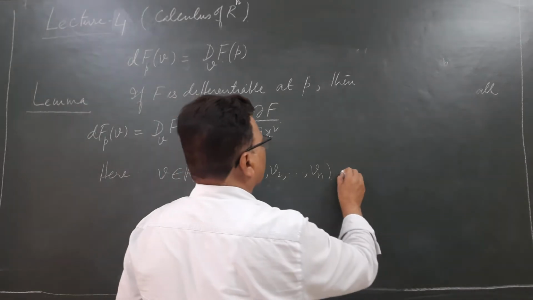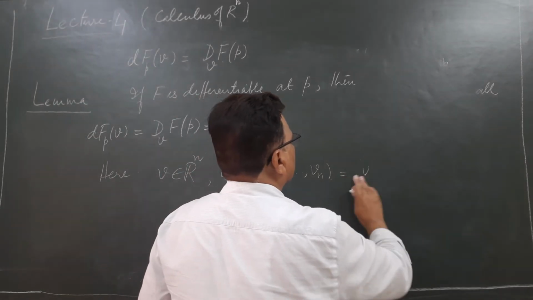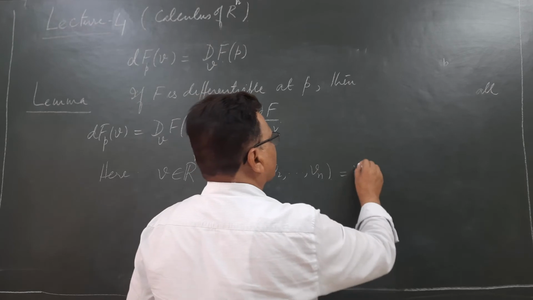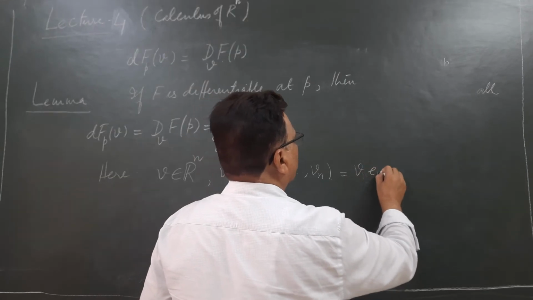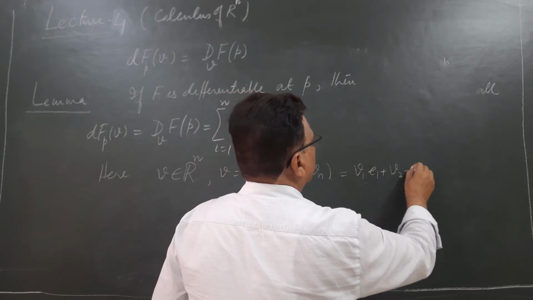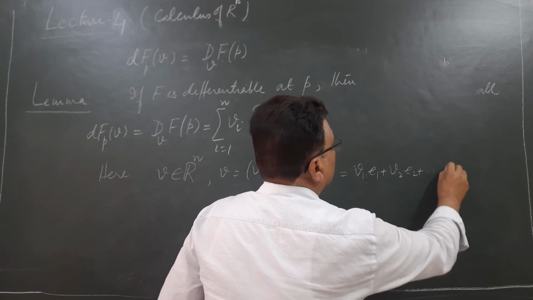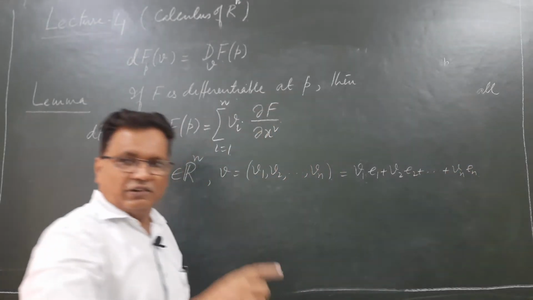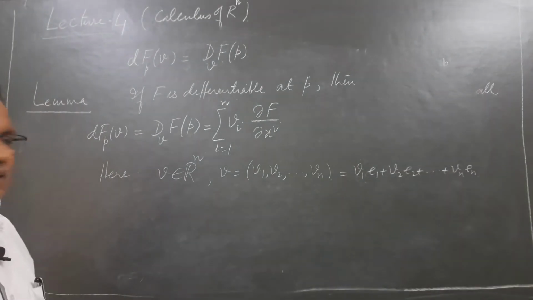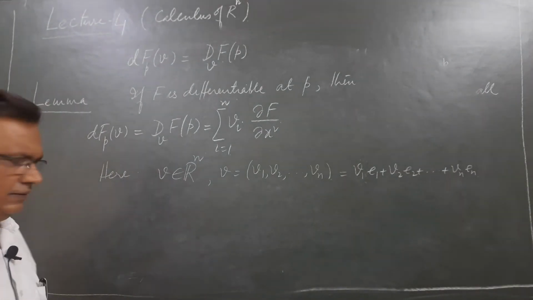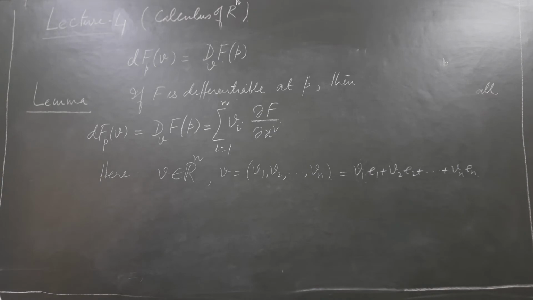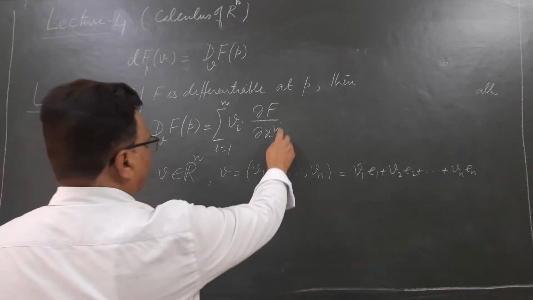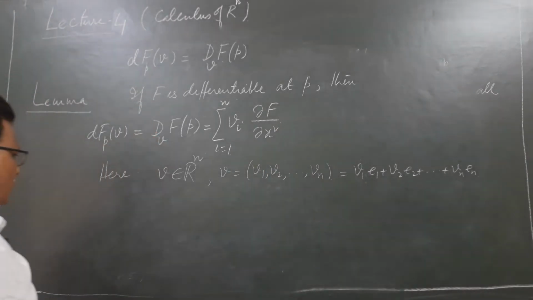I can also rewrite it as V1 E1 plus V2 E2 plus Vn En, where E1, E2, E3, En are the basic vectors of Rn. Alright, so with this understanding I have to work out this formula.